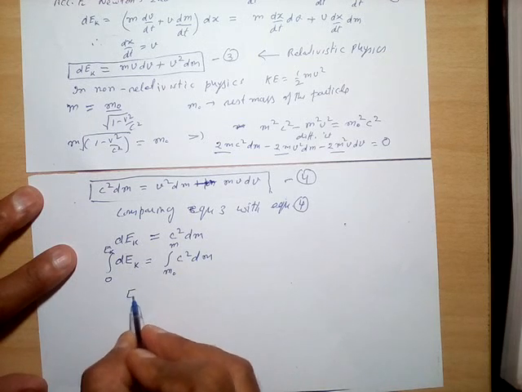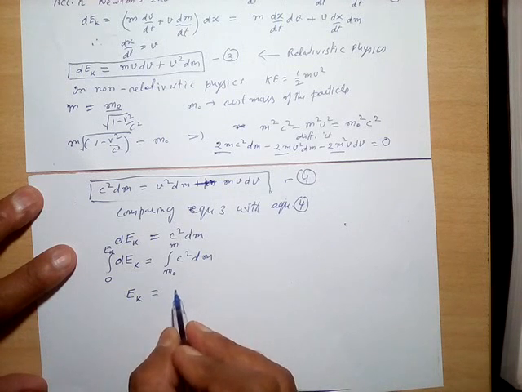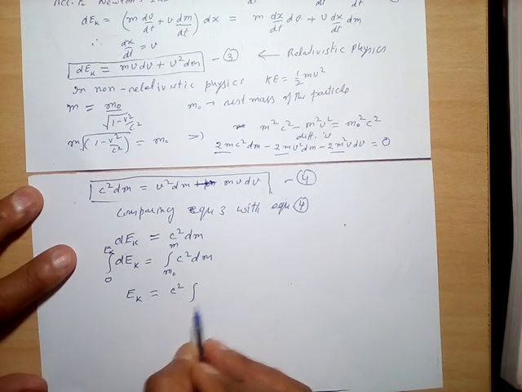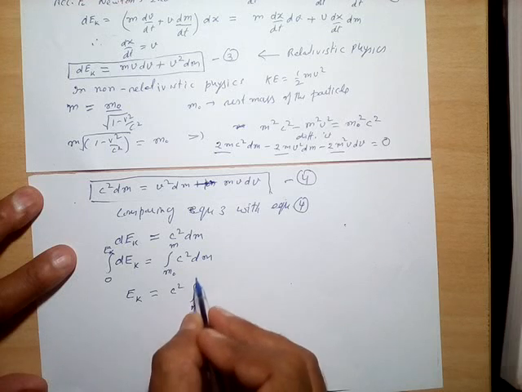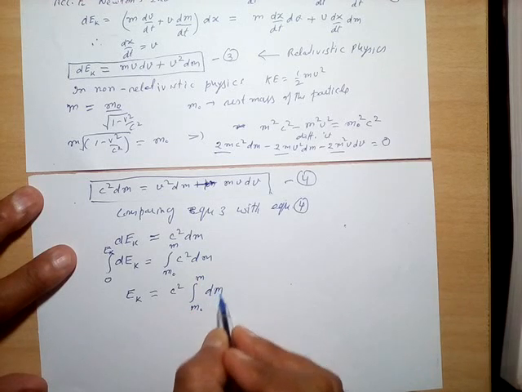So we write Ek equals c square, which is constant, times the integral from m naught to m of dm.